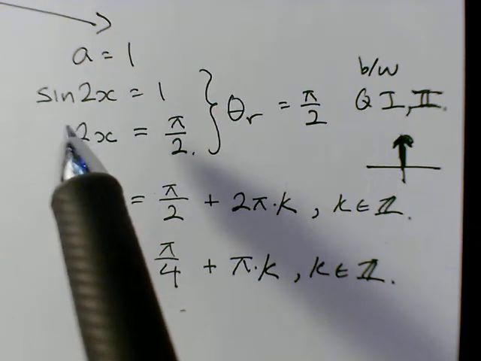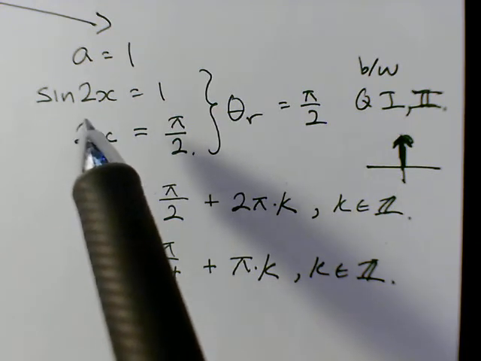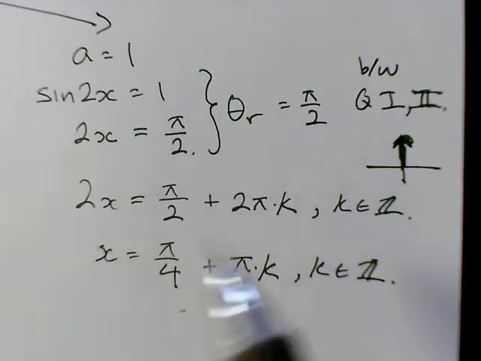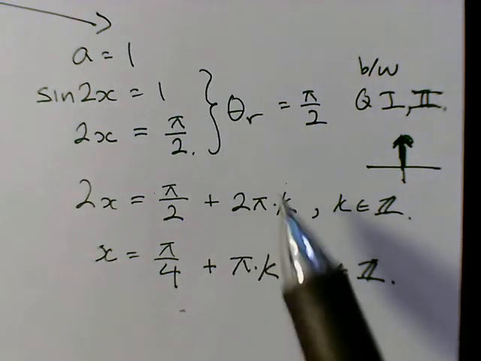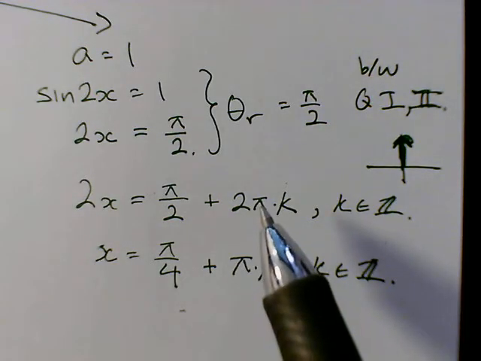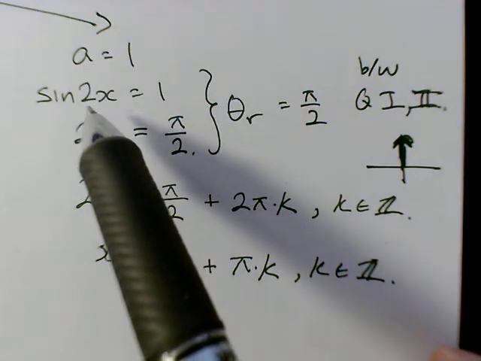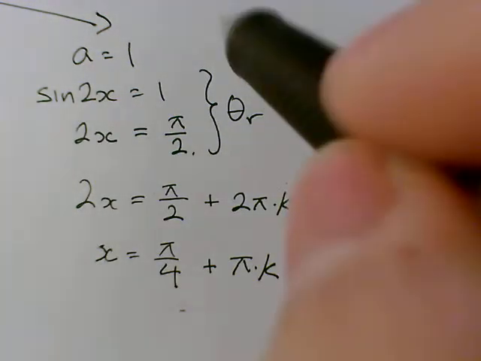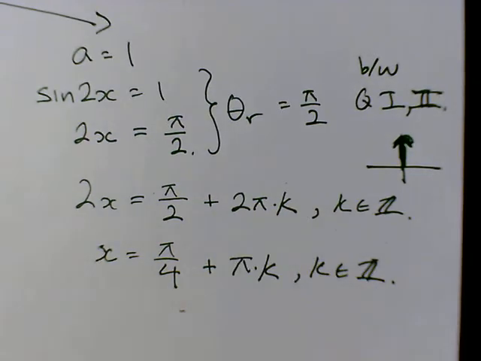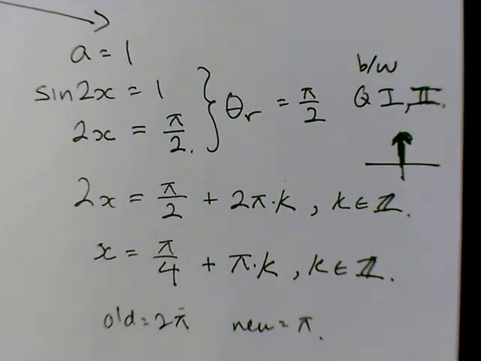Otherwise, you will forget that it's actually every pi instead of every 2 pi. I'll say it one more time for everyone. If you have a 2 there, that means my new period, so old period is 2 pi, new period is pi.